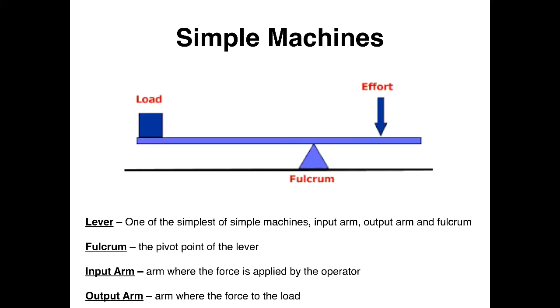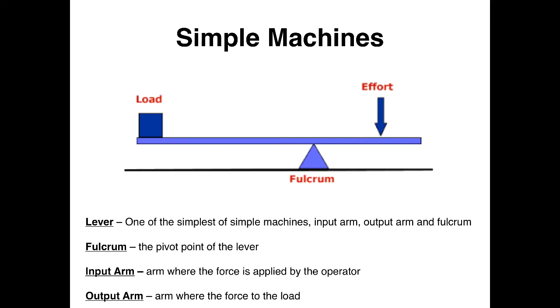So the simplest of simple machines is called the lever. It has an input arm where the effort is made and an output arm where the load is lifted or otherwise affected, and a fulcrum between the two. The fulcrum is the pivot point of the lever, and the input arm is where the force or effort is applied.